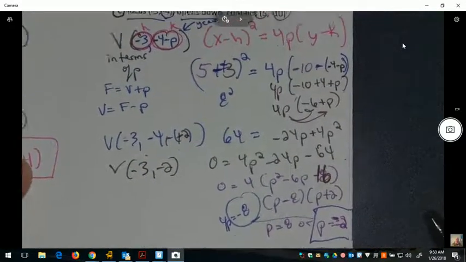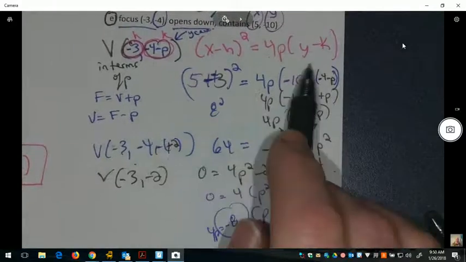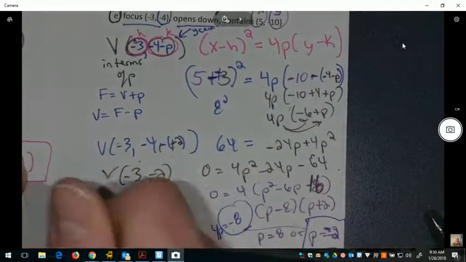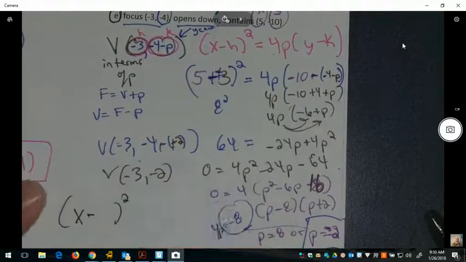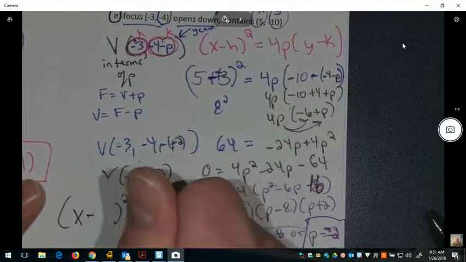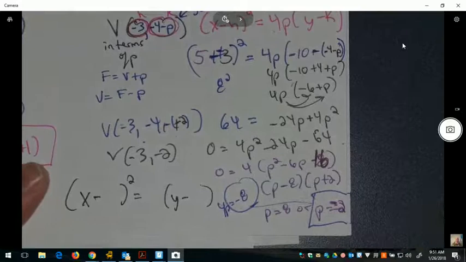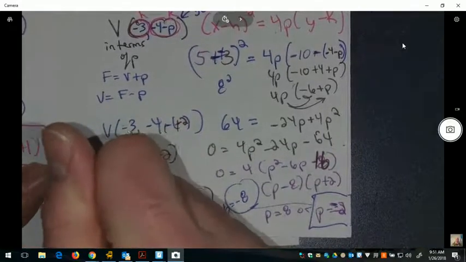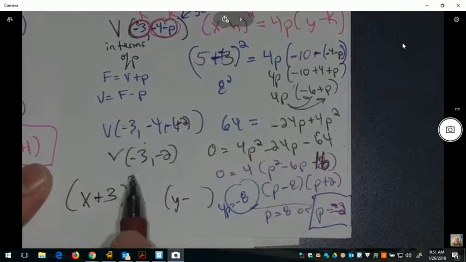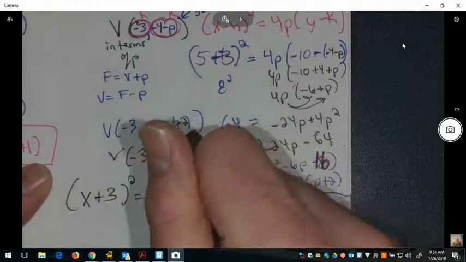This gives us a final equation. I'm going to write it in this form. (x minus h) squared equals 4p times (y minus k). Well, in this case, the vertex was -3, so that'll make this +3. -2 will make this +2.